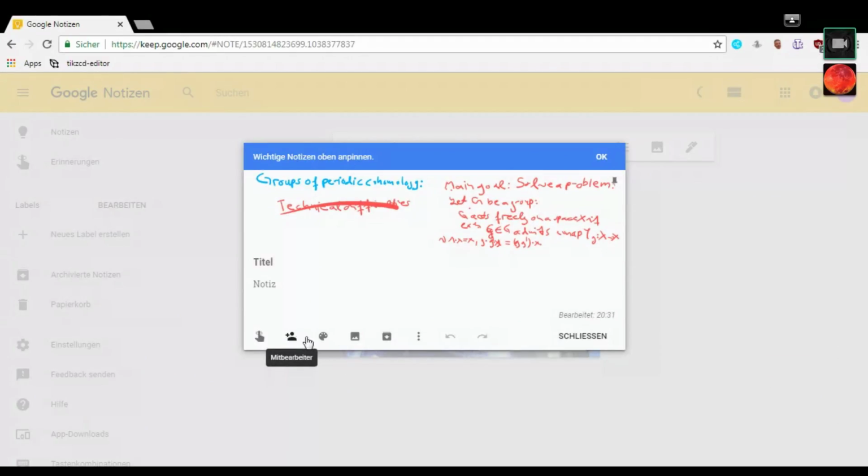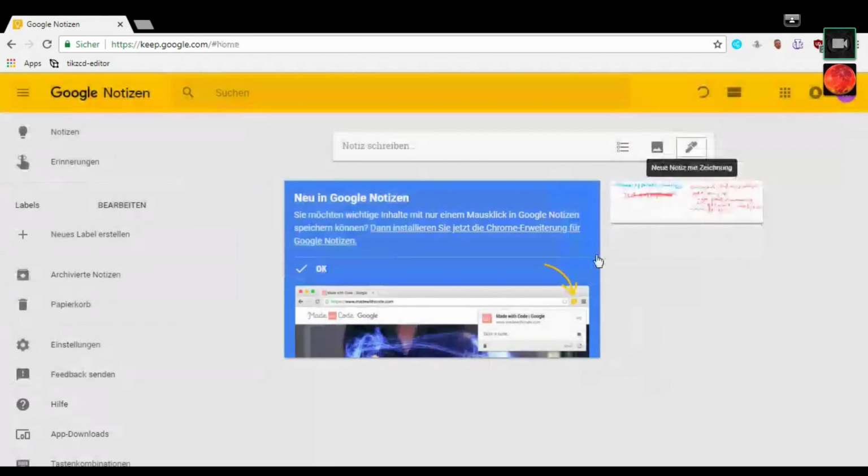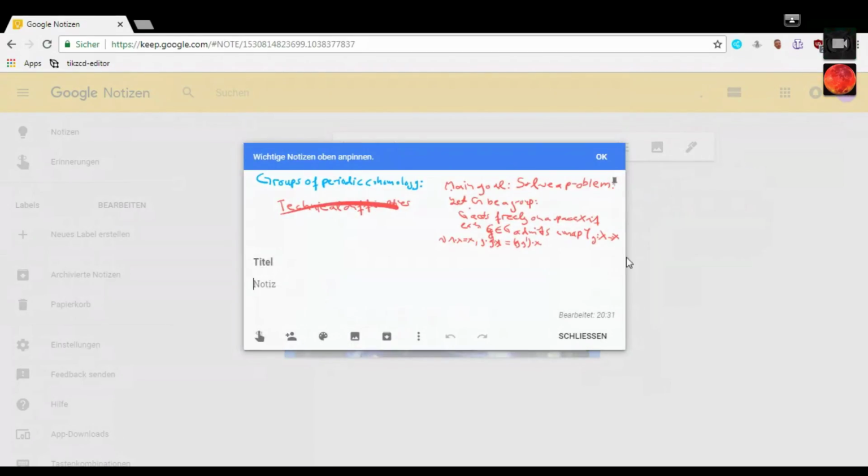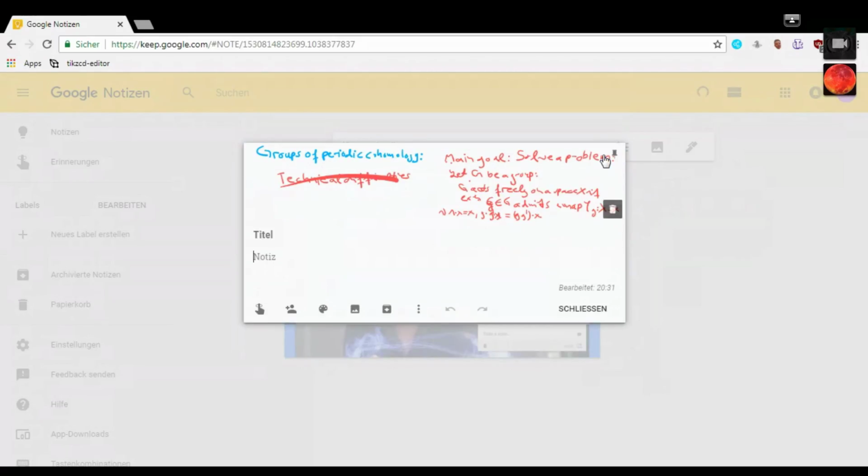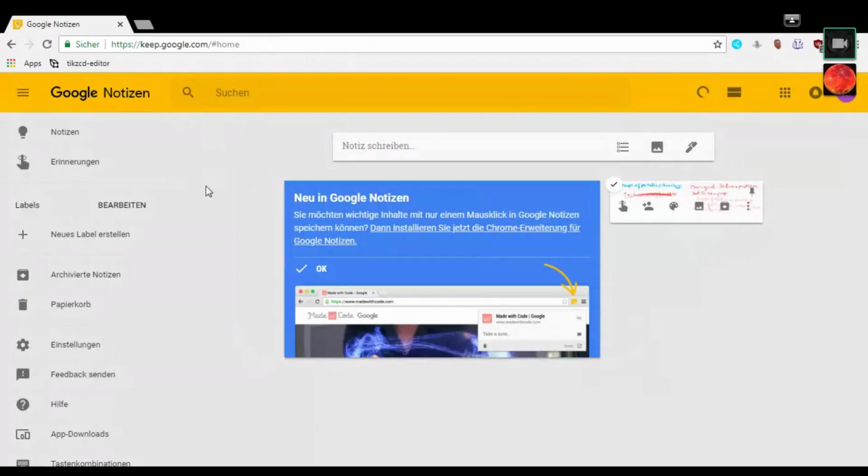No, this thing just wants me to either draw or write. Let me see if I can get another program up. I think I'll just use Dropit then. Can I write here?